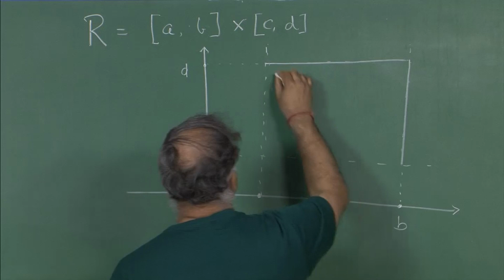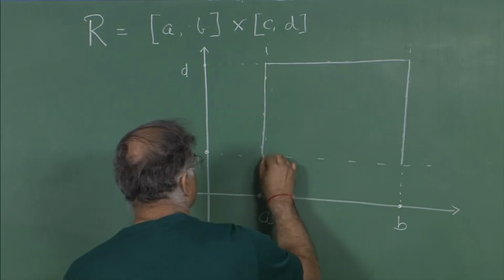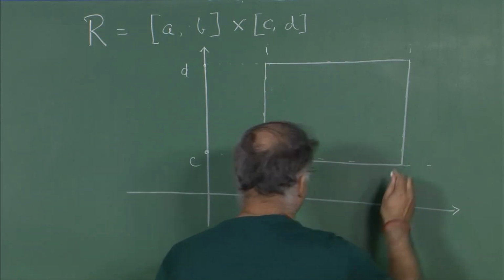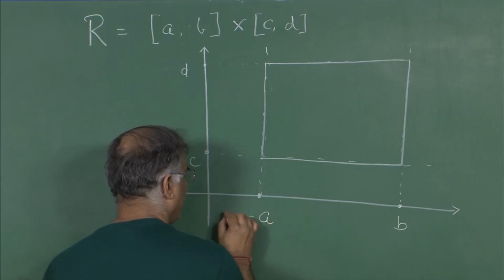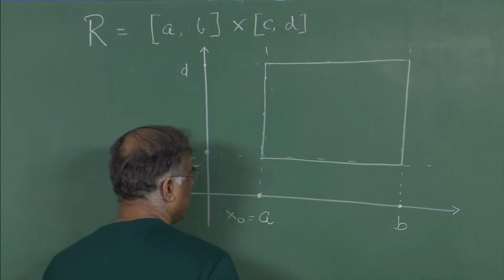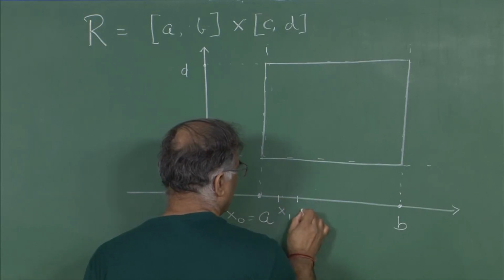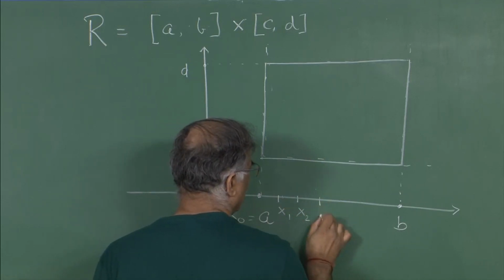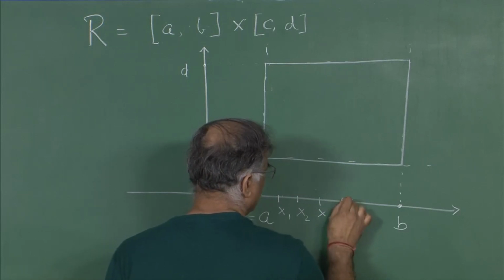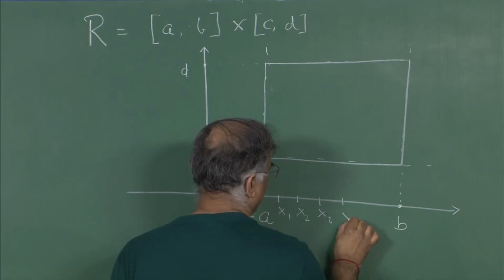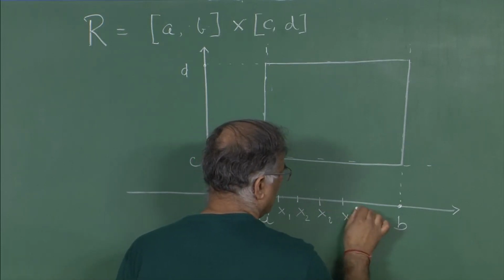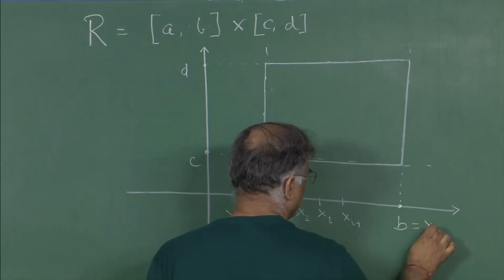So what I do is I partition AB, starting with x0, x1, x2, xi, xi plus 1 and up to xn.